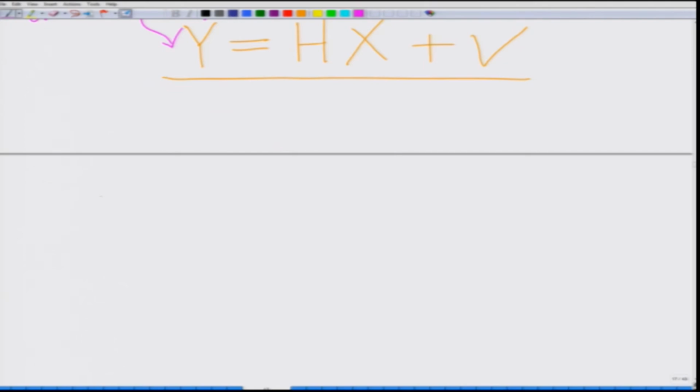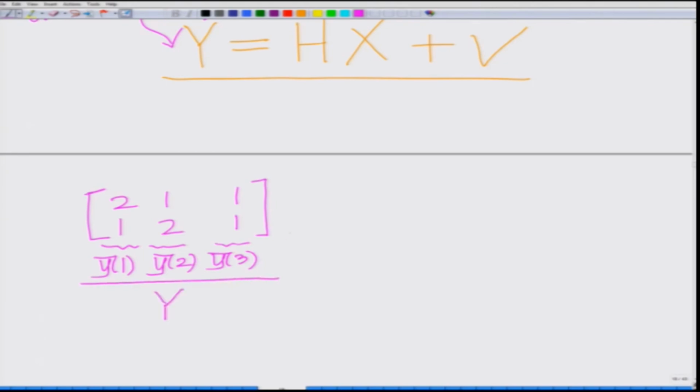Now, therefore, let us form these matrices. Capital Y is y bar 1, y bar 2, y bar 3. So, this is basically the matrix 2 1, 1 2, 1 1. Put together, this matrix y is equal to your H, which is the channel matrix, times the pilot vectors x bar 1, x bar 2, x bar 3.